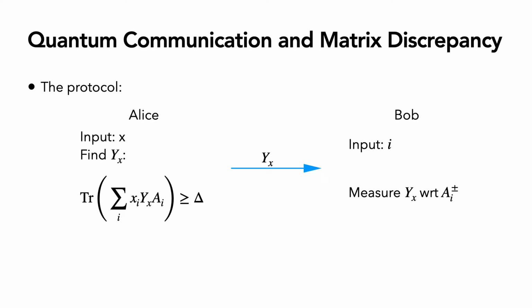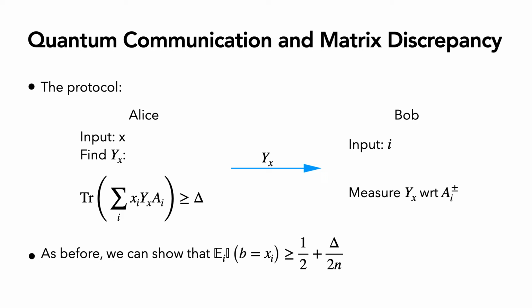Alice then sends across Yx to Bob. Bob on input i measures Yx with respect to Ai plus minus. We can show with essentially the same proof as the classical case that the expected probability of success is half plus delta over 2n.